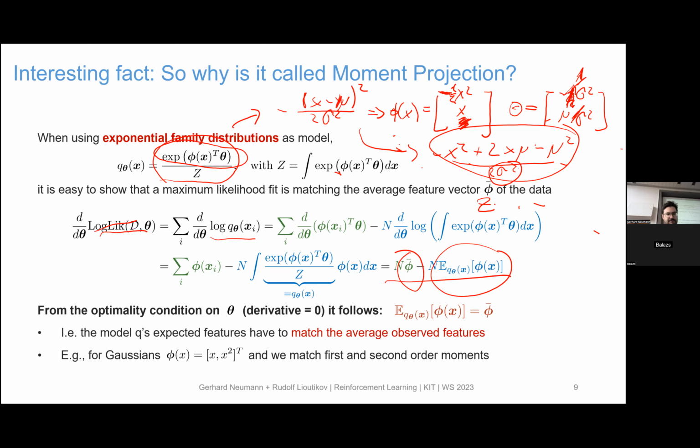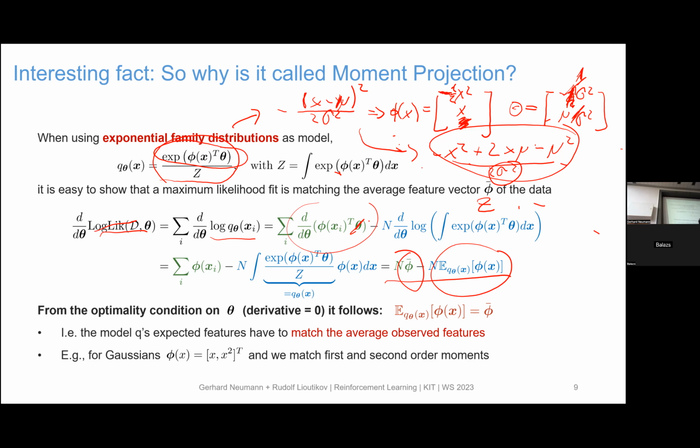Okay. So if you look at the next line, we have the sum over the features of my samples, sum over i of phi of x_i, minus something.